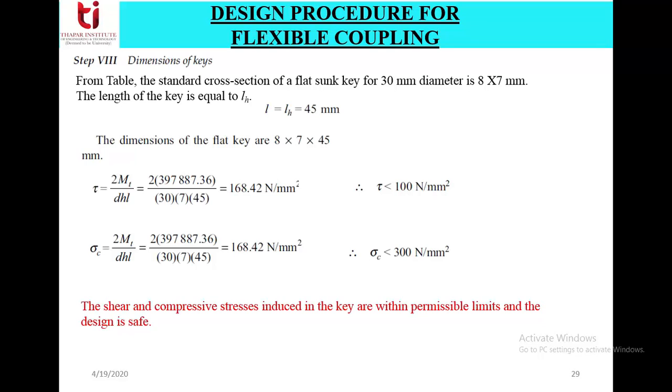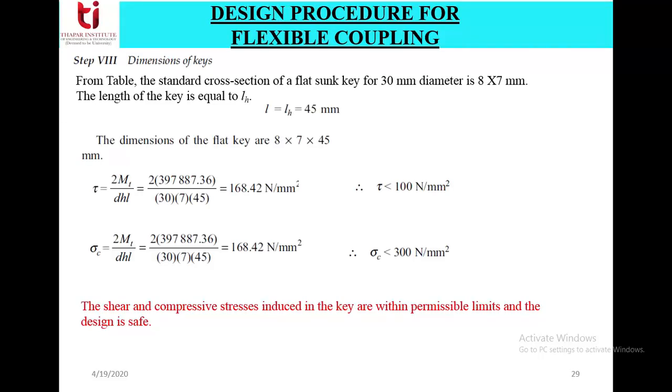With this, we can carry out the design of the bush pin type flexible coupling, which involves the design of the shaft, particularly the diameter of the shaft, then the design of the hub as well as the flange, which involves the diameter of the hub, length of the hub, pitch circle diameter, thickness of the flange, and thickness of the protective ring.